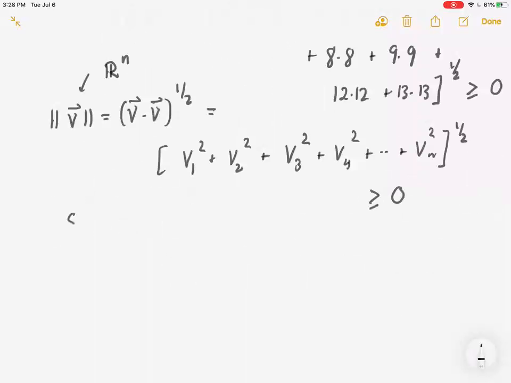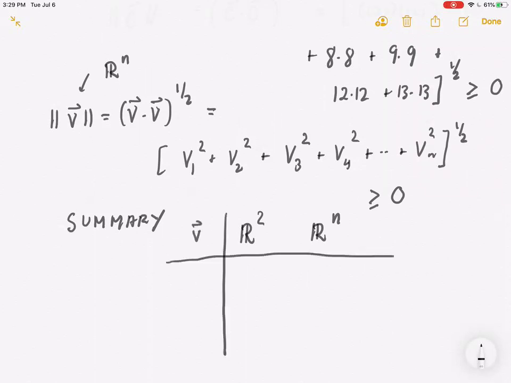So let's summarize. For a vector V, I can certainly have a vector that has a norm in 2 dimensions, and I certainly can have a vector that has a norm in n dimensions.